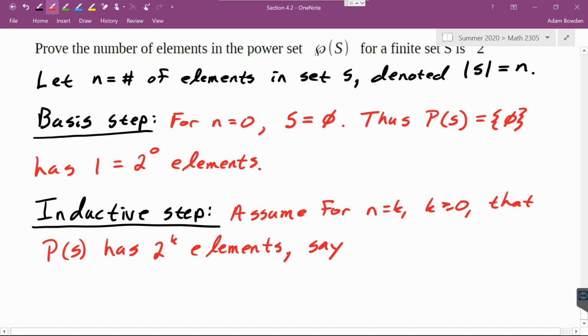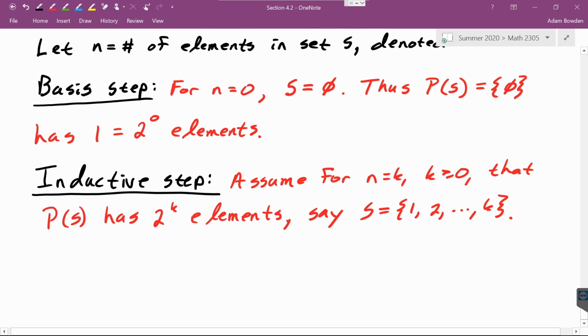Let's say we can write them out as S equal to element 1, element 2, all the way up to the last element, k. So let's say it has this look to it so far. Then for n equals k plus 1, our set S is going to look like element 1, element 2, all the way up to element k, and then element k plus 1. One more element added to the end.